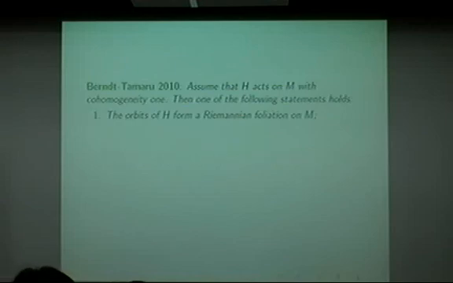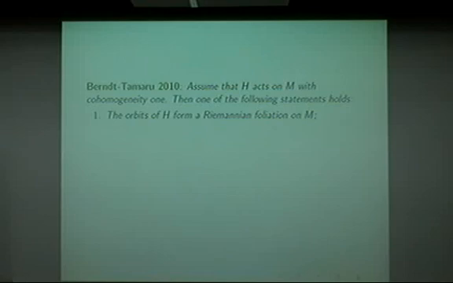So this is a result from this year. So assume that we have a group acting on a symmetric space of non-compact type isometrically with cohomogeneity 1, which means that the generic orbit has codimension 1, so the generic orbit is a homogeneous hypersurface.